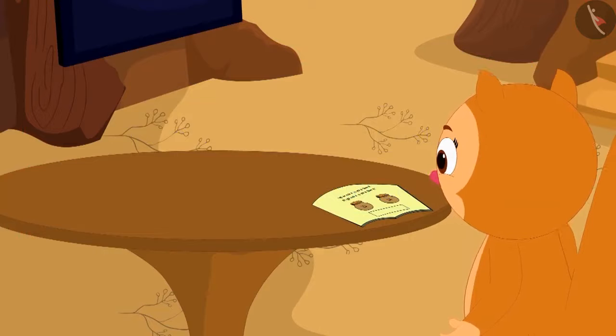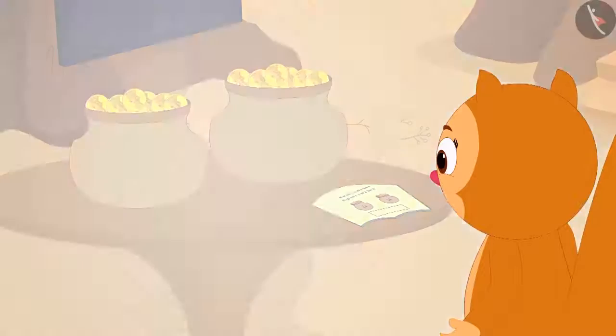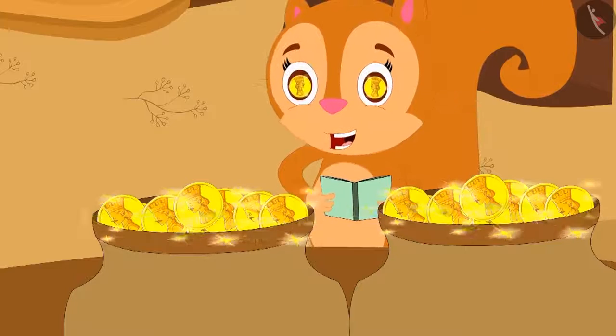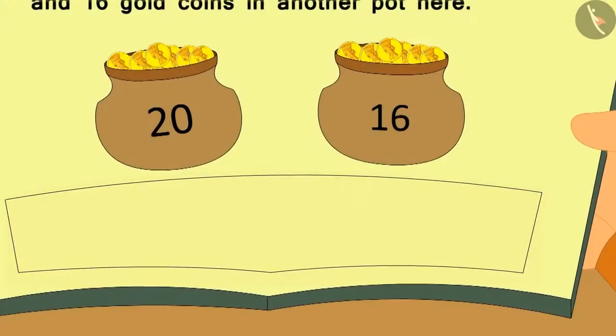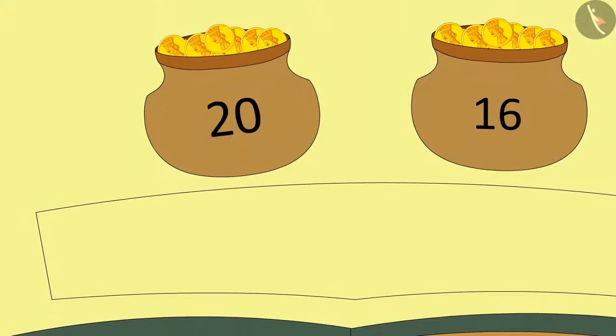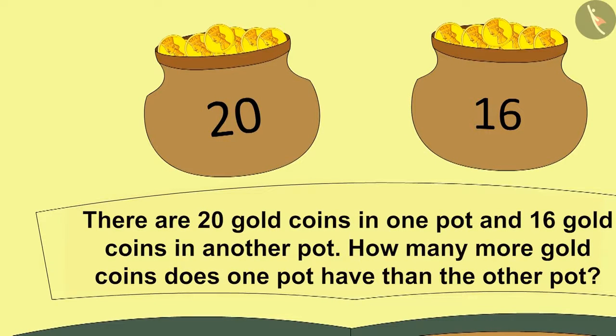Suddenly, the 2 pots filled with gold coins appeared in front of Chanda. Chanda was not able to believe her eyes. Children, can you make another question as well on this? Absolutely right.